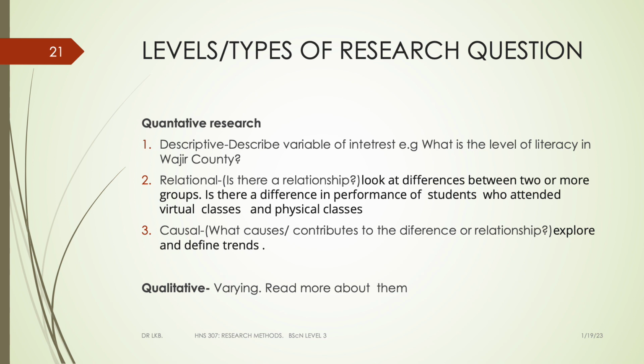Is it that the students who came for the physical lectures benefited from the non-verbal communication? Is it that they were able to pay attention more? They were able to look at the lecturer and listen because they were not using their phones on WhatsApp, for example.